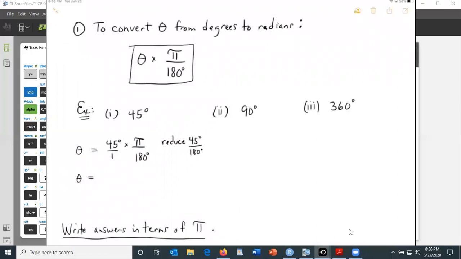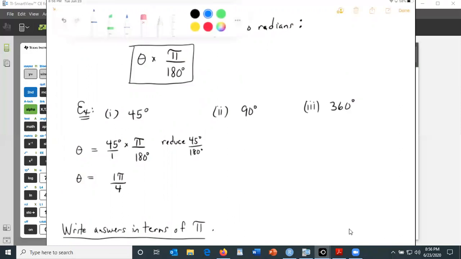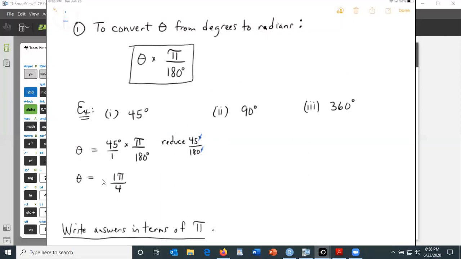So then this reduces to 1 pi over 4. And also notice the degrees cancel, right? Because you have degrees divided by degrees. So these can drop out, right here. Notice I crossed out the degree symbols. And then 1 pi is pi over 4. All right, and this is what I mean.